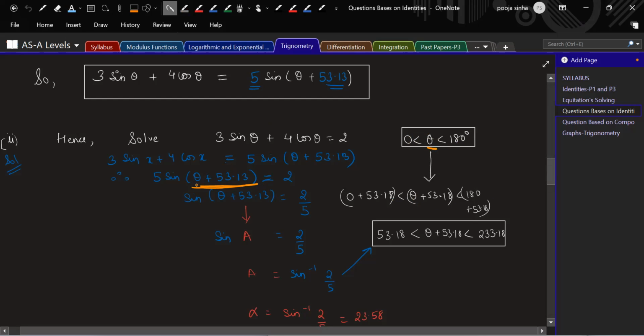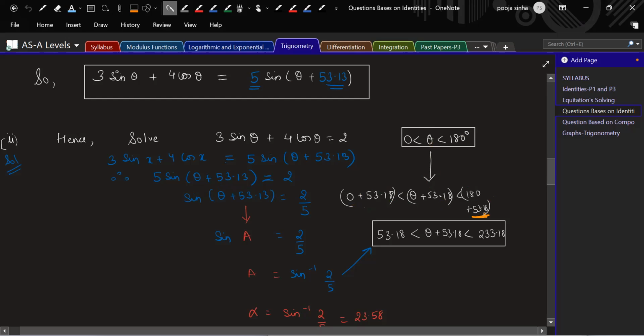Okay. So to get this, what changes do we need to do? Theta plus 53.13, right? If you add 53.13 to theta, then you have to do the same thing here and here also. So 0 plus 53.13, and here 180 also you have to add 53.13.